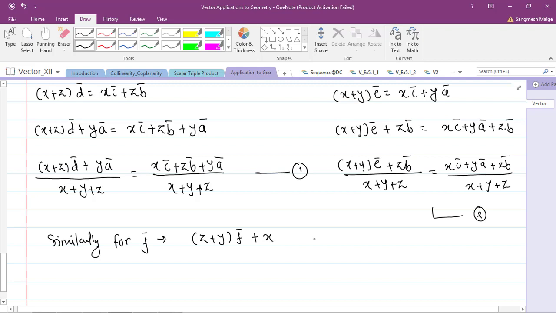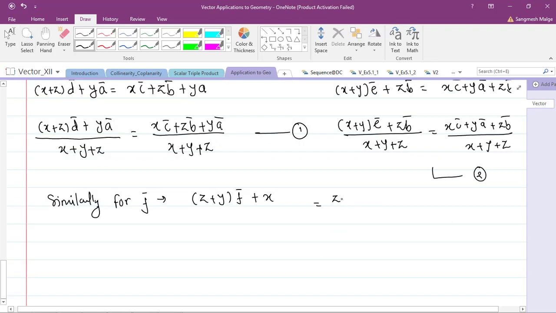What you will get is, let me write here, z b bar plus y a bar, and here you will be having x c bar, so plus x c bar, whole divided by x plus y plus z, and here you will be having again x plus y plus z.